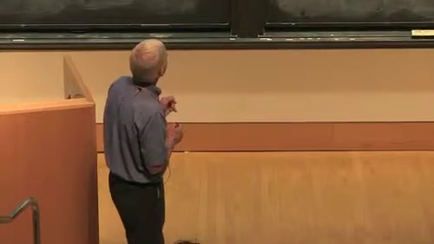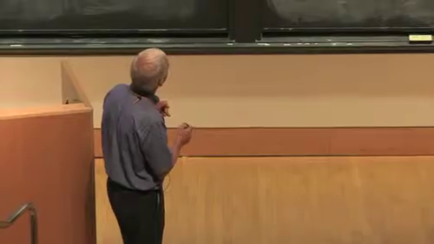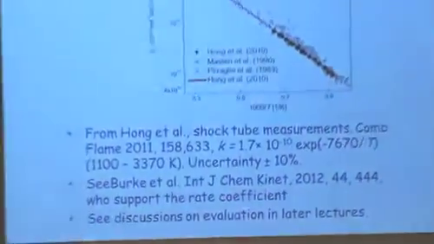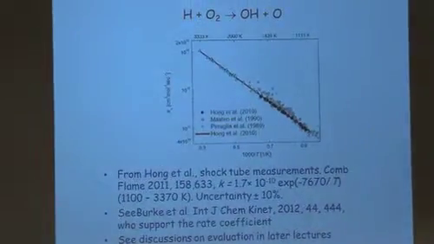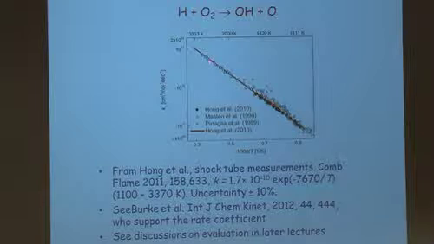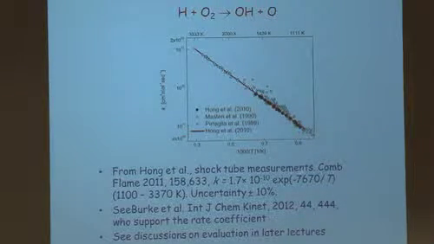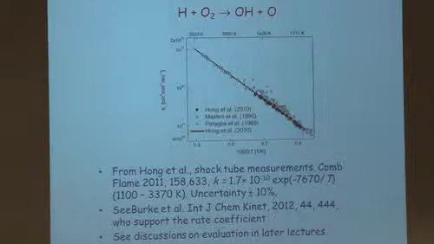And this analysis by Hong et al. is supported by this paper by Mike Burke. So I strongly recommend you look at this paper. They discuss the Hong et al. paper and its recommendation, and they support it.